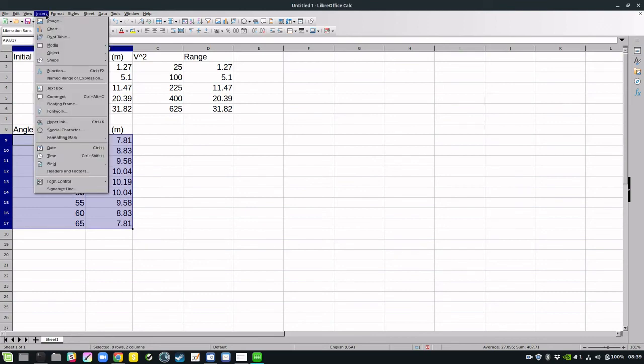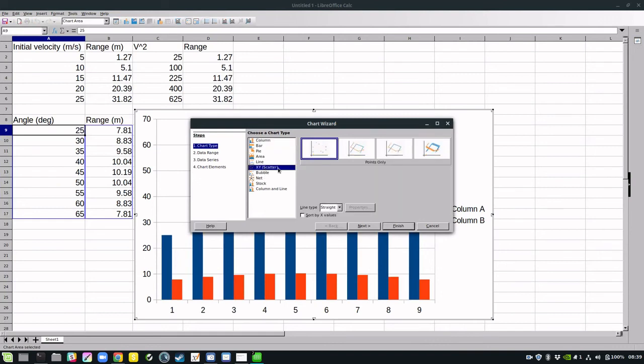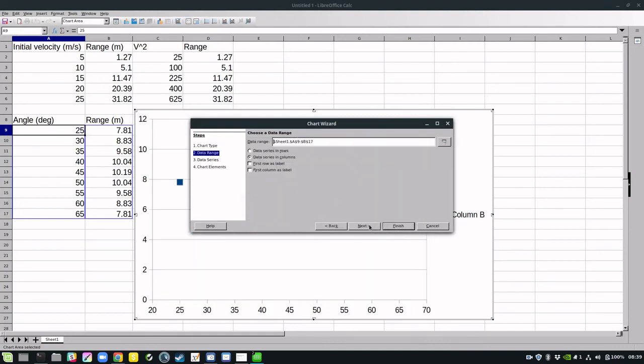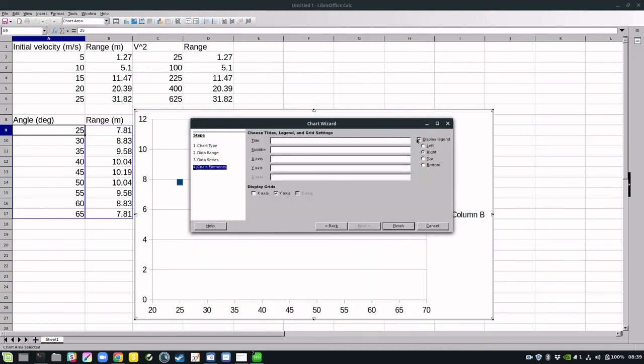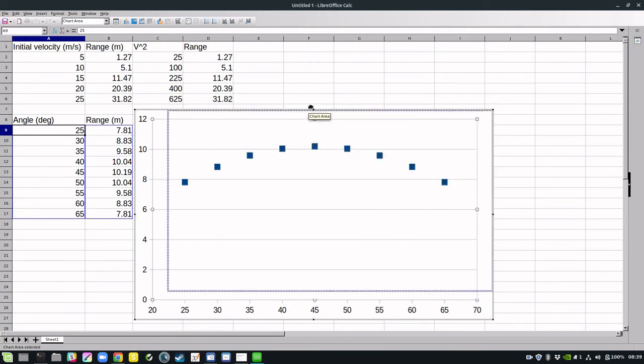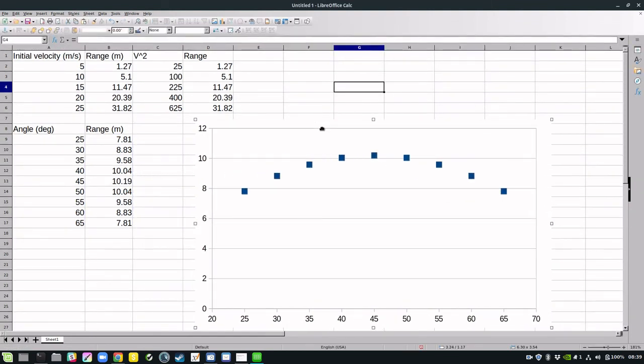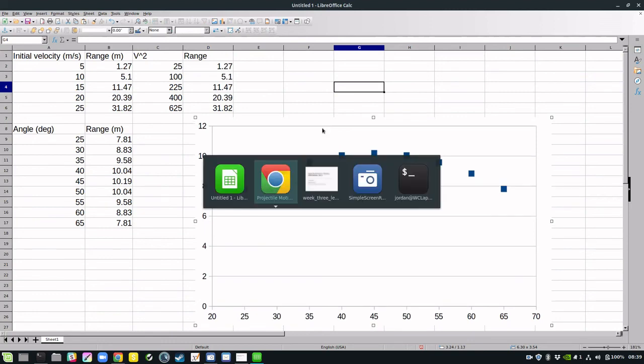Let's insert a chart of the scatter plot variety. Next. Don't want the legend. Let's skip the titling for now. Oops. So that is interesting. We might think of that as a quadratic. It's actually not what's predicted by the formula.